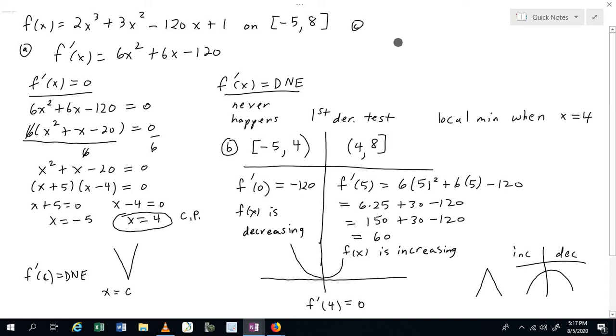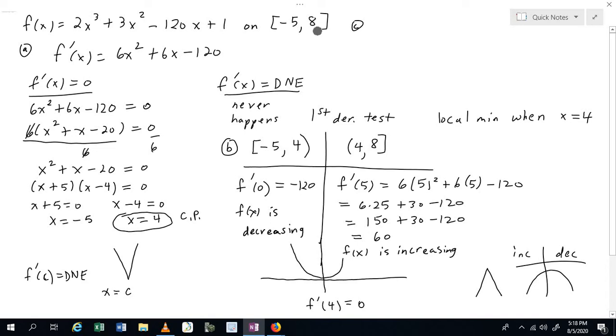The way we can do that is we know that absolute maximums and minimums can only occur in one of two places. They either occur at the endpoints of your domain, so in this case -5 or 8, or they have to occur at critical numbers in the interior of your domain.